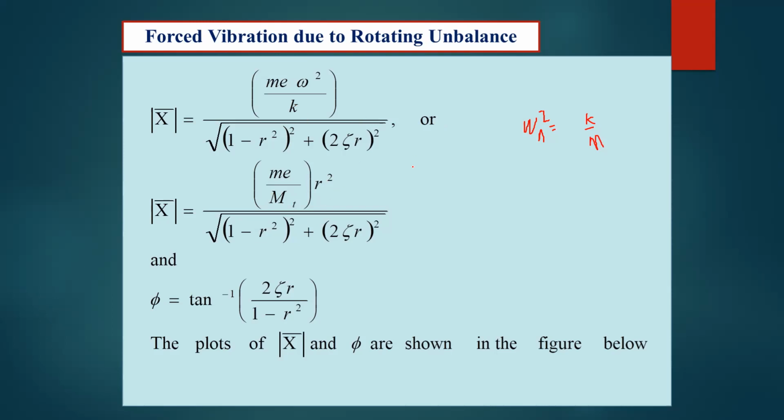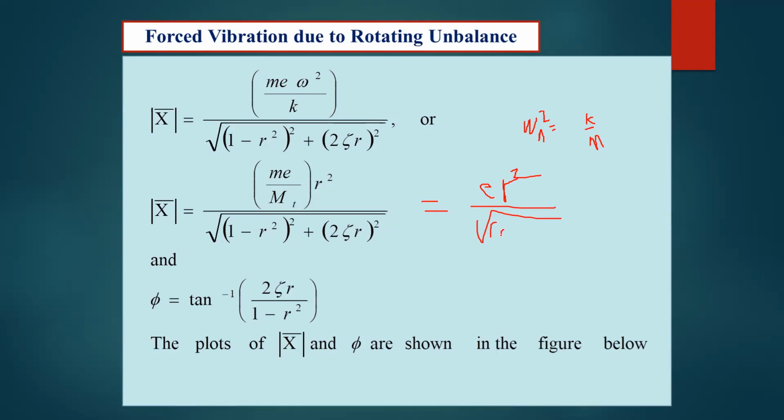Actually, it should be like this. This should be e times r square over this quantity, according to my observation.